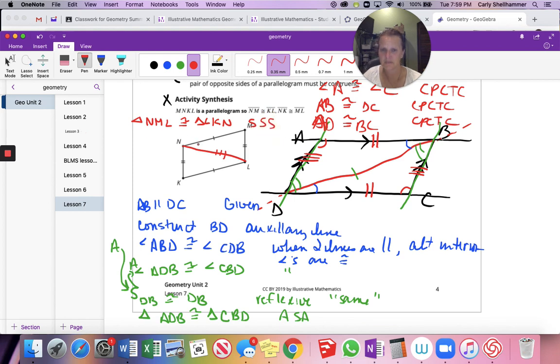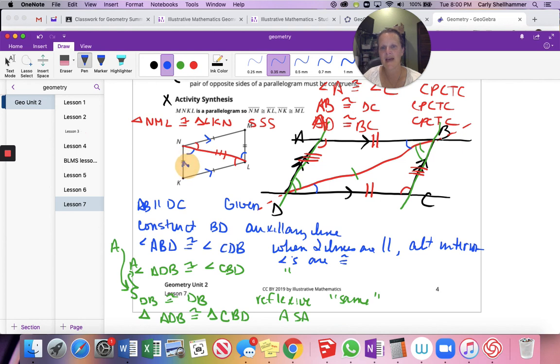Now, I know that because I did that, I know that this angle and this angle are congruent because of CPCTC. I know that this angle and this angle are congruent because of CPCTC. And because those angles are congruent, we can say the lines are parallel.